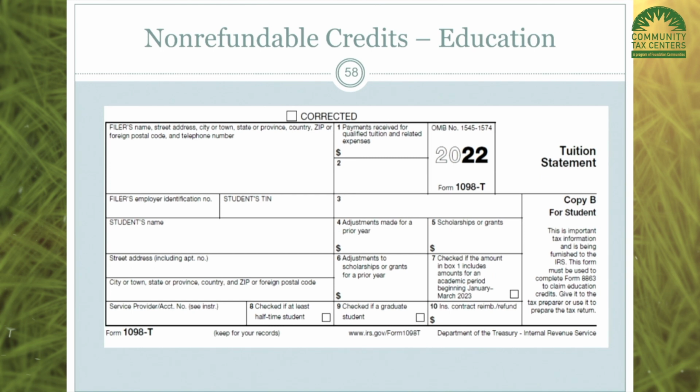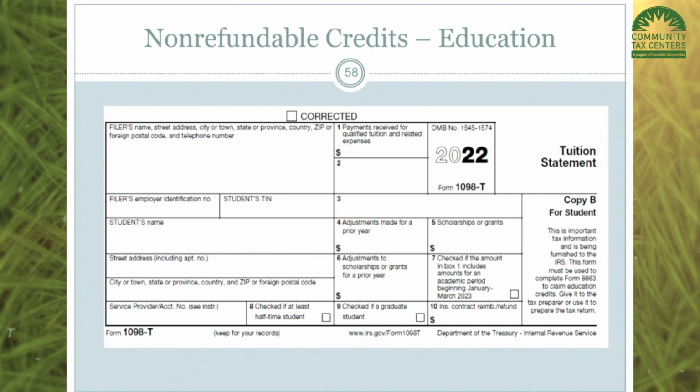So your credit is based upon box 1 minus box 5, and what's that net amount? Or we can say box 1 plus those books and supplies minus box 5. So your credit, again, is based on that net amount. To determine if it's going to be the American Opportunity or the Lifetime, again, we're going to be looking at box 8 and box 9.